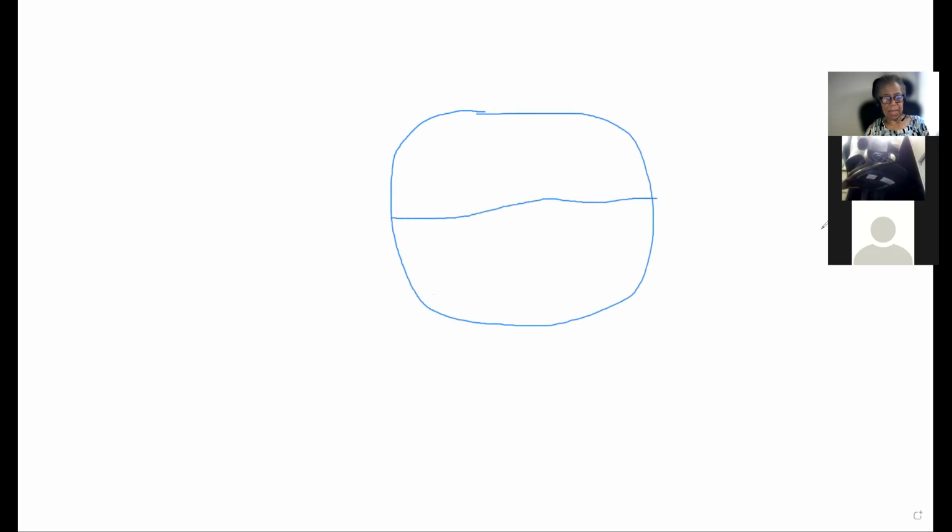Okay. Now let's just draw a pizza. Now if I take half of it, I just draw one line, right? That represents 1/2. But if I take, let me just draw another one over here.